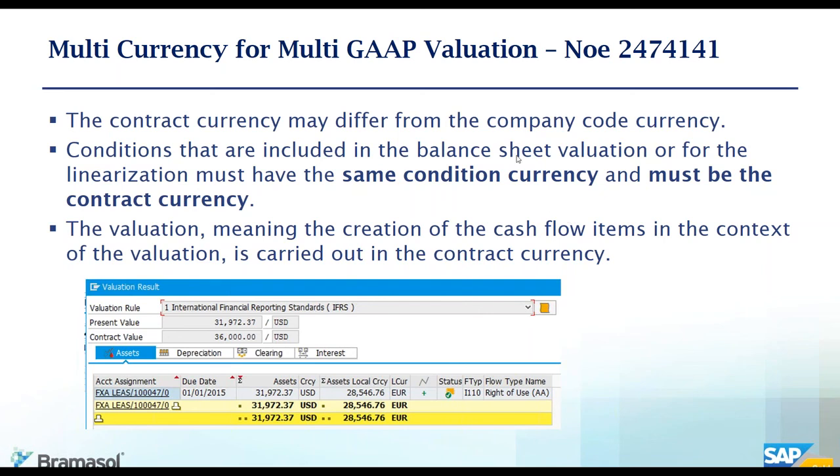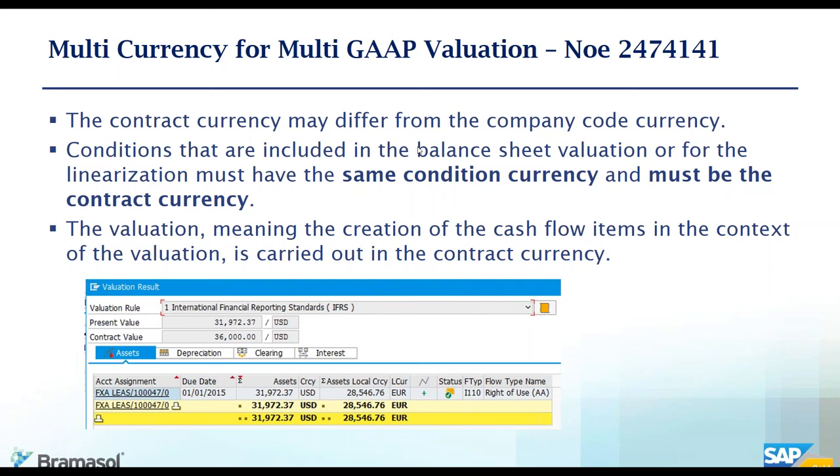As you see in the picture below, this is a contract that is in euros, but we're able to see that the asset is posted in US dollars, and the local currency is seen in euros. So I'm able to see both currencies on the same posting, in parallel, side by side, so I can understand the currency impact on these valuation entries.